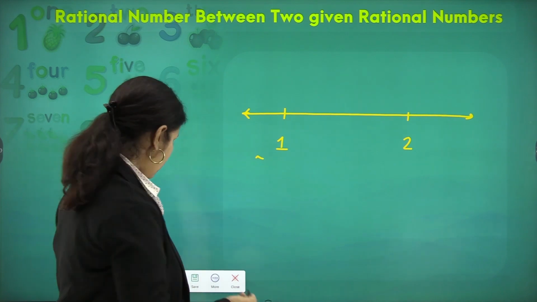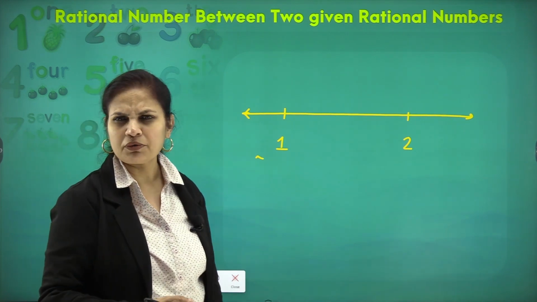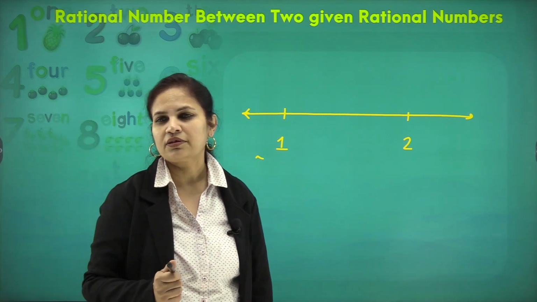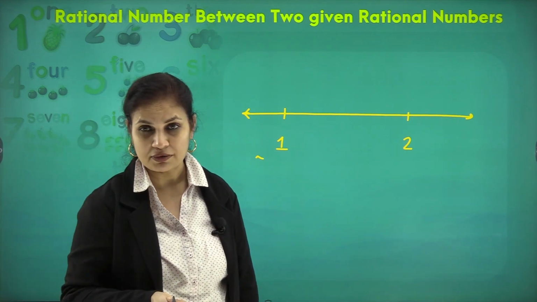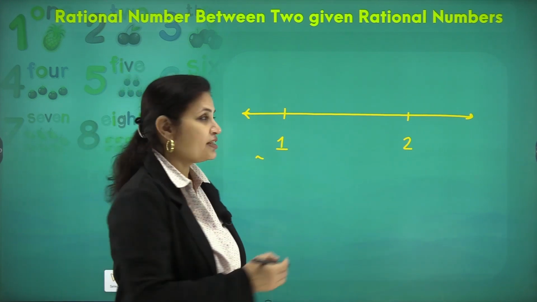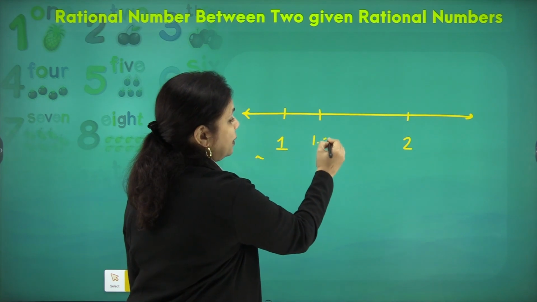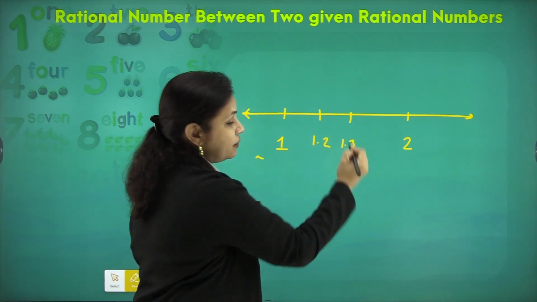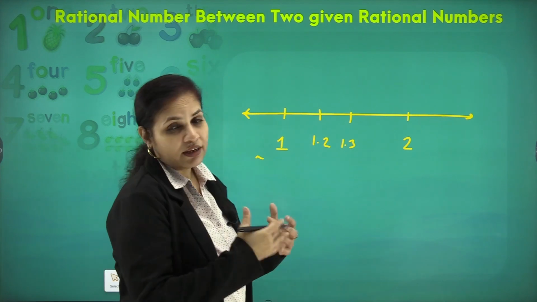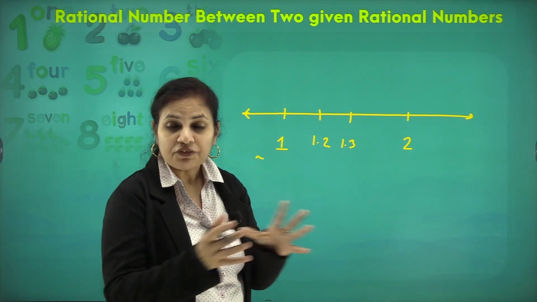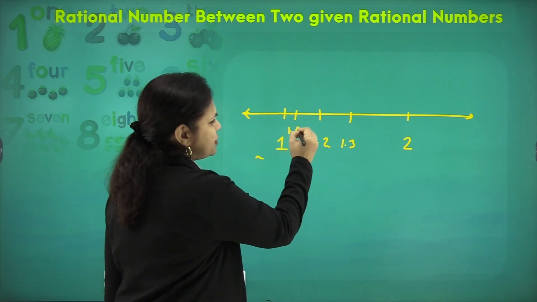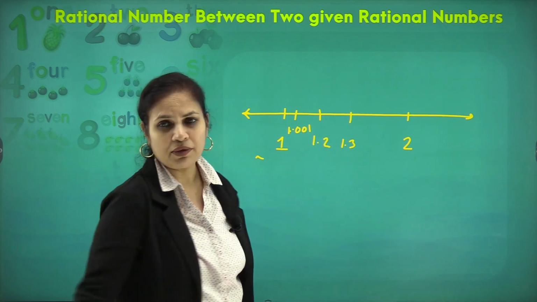Yes, it may be a little difficult to think what would come between 1 and 2, because you may be thinking about natural numbers. But why do we forget that between 1 and 2 we may have decimal values like 1.2, 1.3, 1.99, and even if I divide it further into very minor segments, I can have 1.001 as well.